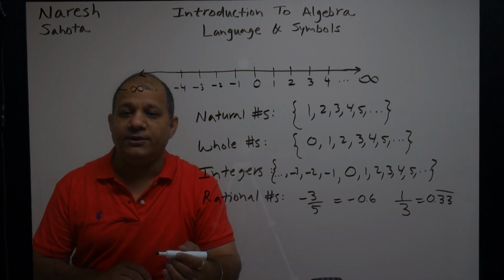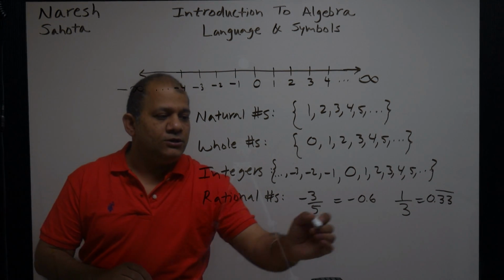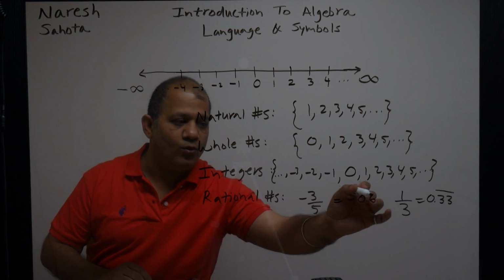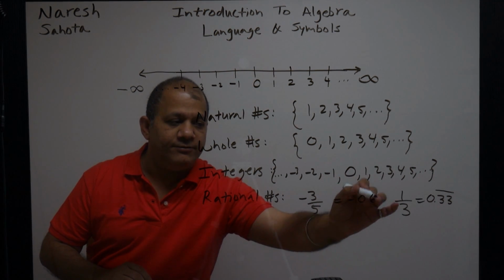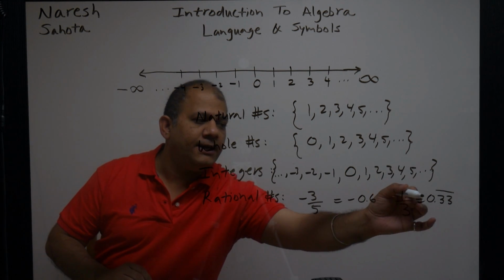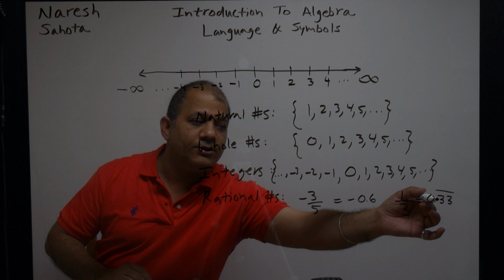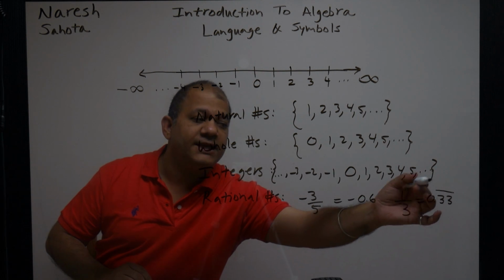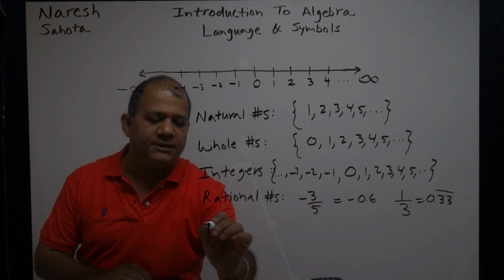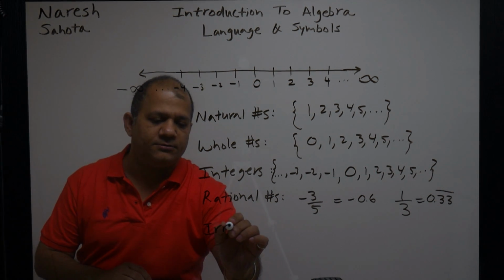So 1/3 is 0.3 repeating. So rational numbers, two things you should know. One, the division stops at some point, or the numbers can repeat after the decimal. So this leads us to irrational numbers.